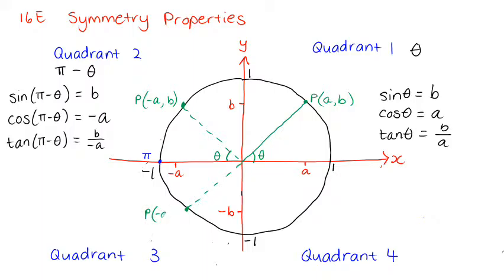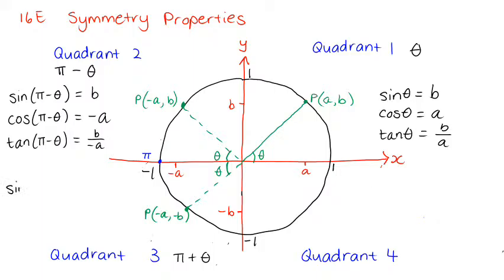Yeah, negative A, negative B. So again, what's this angle in here? It's theta. Right, so we're actually taking pi plus theta to get to that line. So this quadrant is pi plus theta.